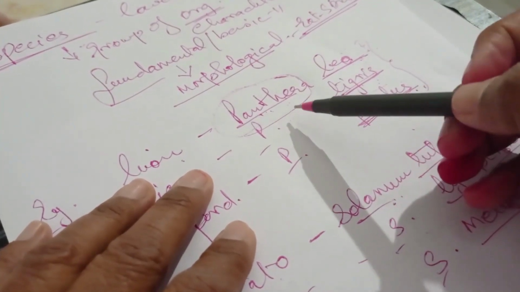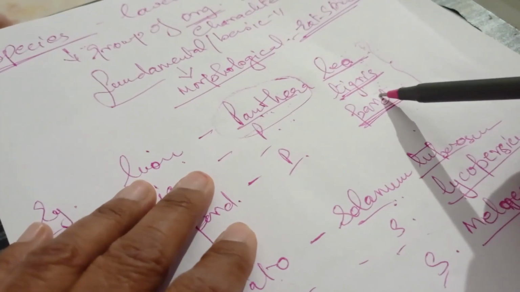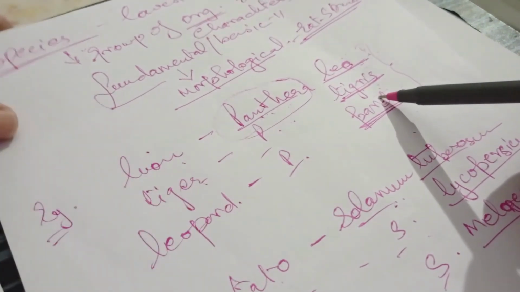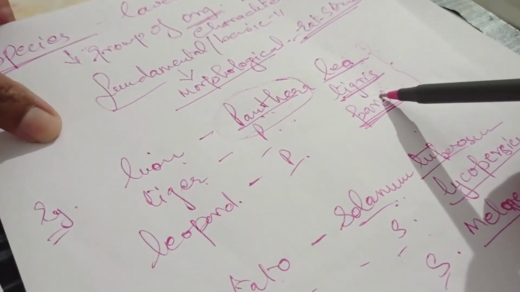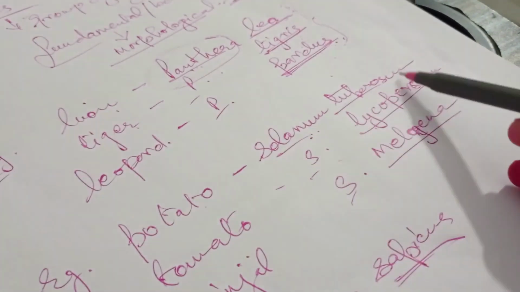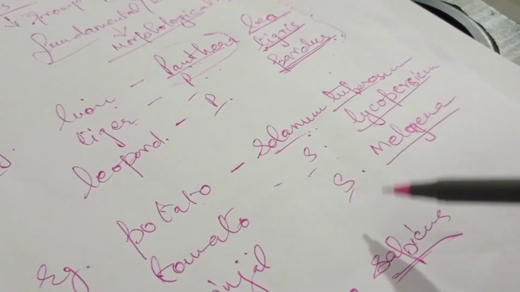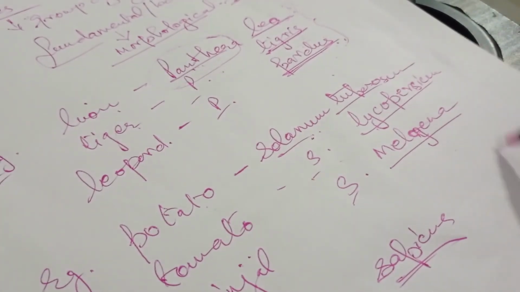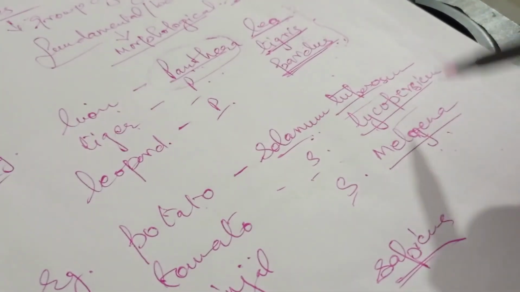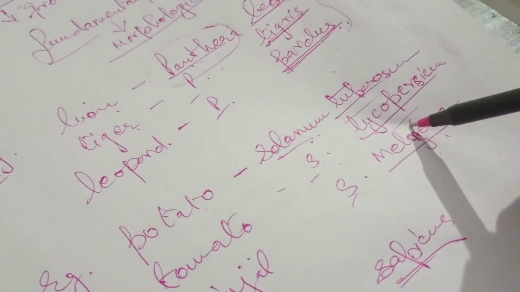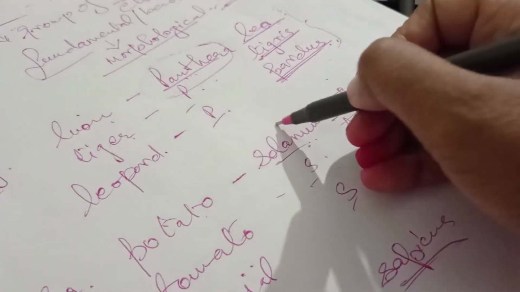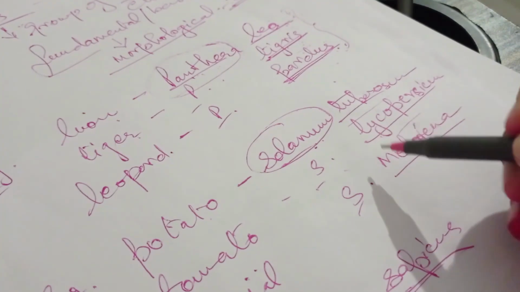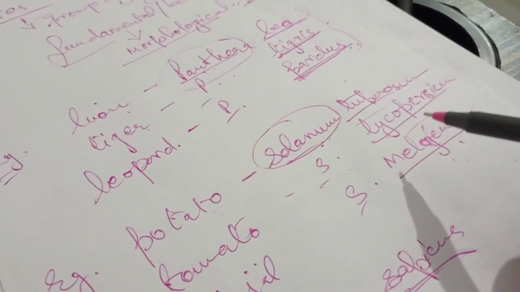As I told you, each genus contains many species. Similarly, in case of plants, you will see Solanum tuberosum, Solanum lycopersicum, and Solanum melongena. All these are different species having different morphological characters, but based on some similar characters, they are grouped into the same genus, that is Solanum.